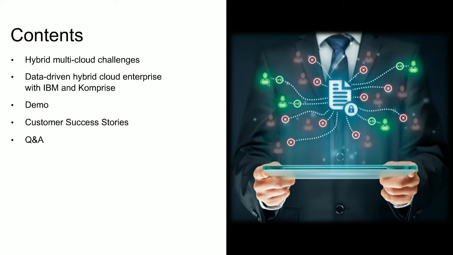But I would like to say that IBM Cloud Object Storage as well as Komprise both have a long list of awards. IBM Cloud Object Storage has been around for a while. It was acquired by IBM and it was used to deploy into the IBM Cloud. We're going to talk about some of the benefits of this because it does have a distinct advantage in the industry.